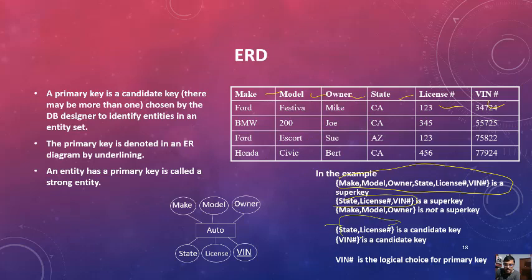So VIN is the logical choice for the primary key, as it is the smallest candidate key. Here, the primary key has been chosen by the database designer as VIN because the license number may be repeated.